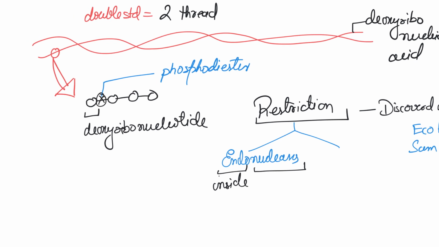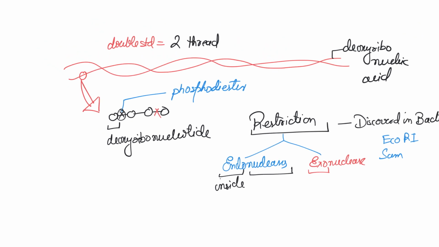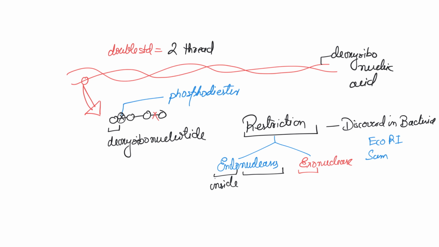These restriction endonucleases clip on the inside. So that means there's a second variety, exonucleases. Exo, on the outside, they will clip from the end, right? So we have these restriction endonucleases that can clip DNA from the middle.